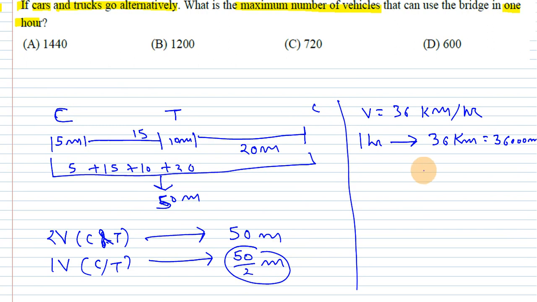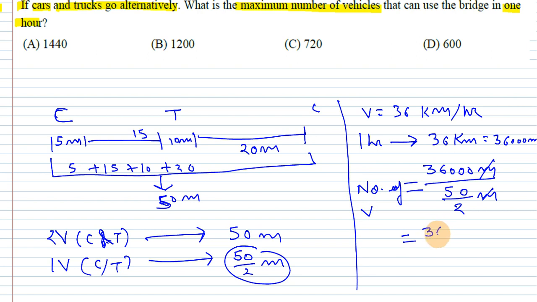So if we divide 36,000 meter by one vehicle's distance, the meter gets cancelled, and we get the maximum number of vehicles, right? So what will come? Let's do this: 36,000 divided by 50, and the 2 will come up.